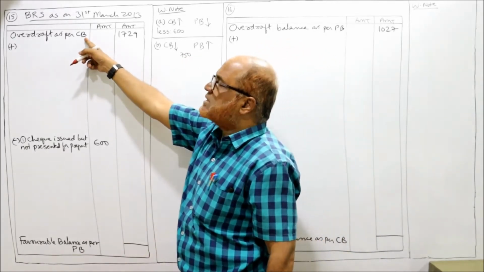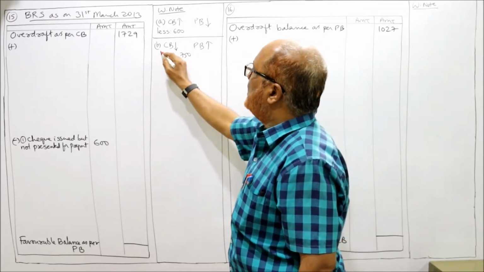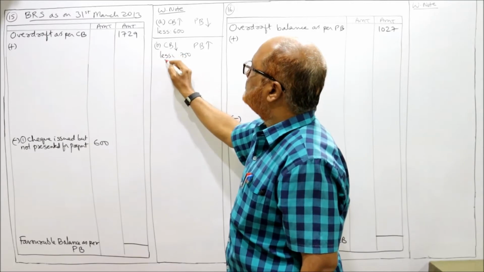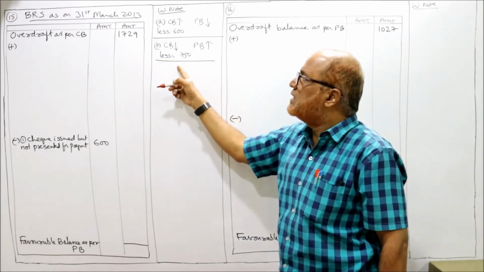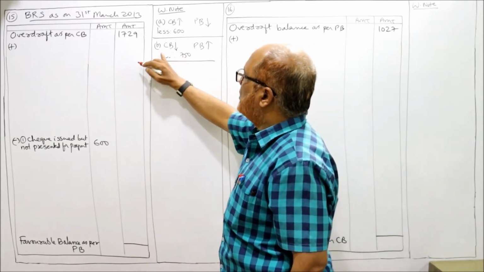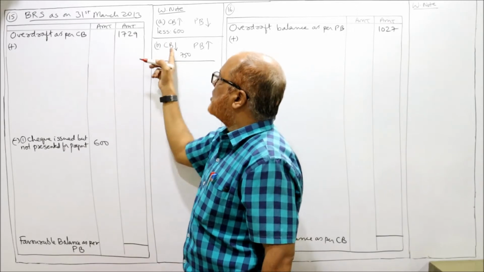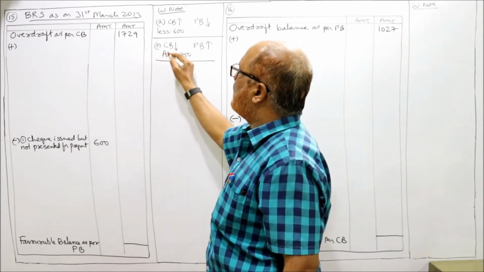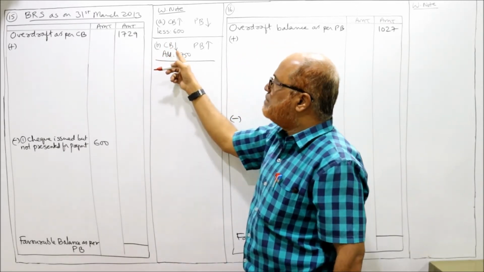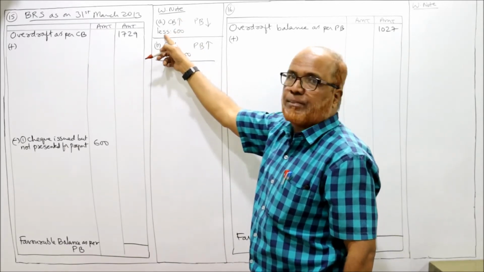Now our starting point is cash book. Cash book is showing less balance, so we have to add. When it is showing less balance, we have to add; in the earlier item it was showing more balance, so we subtracted.